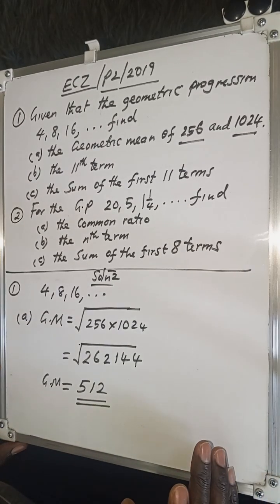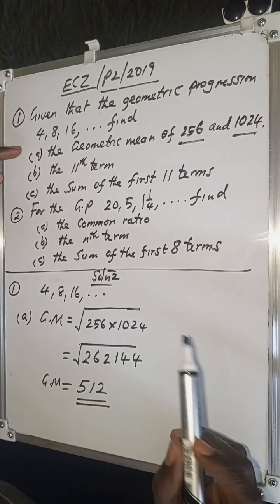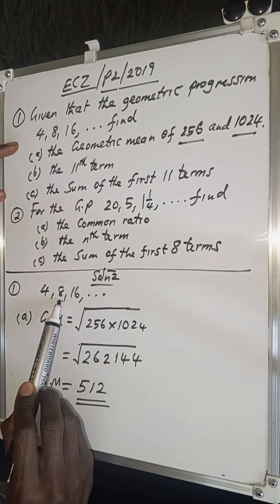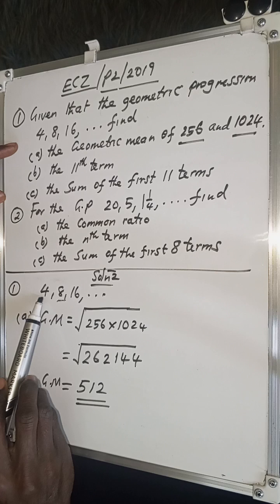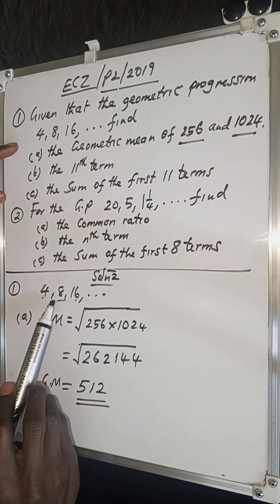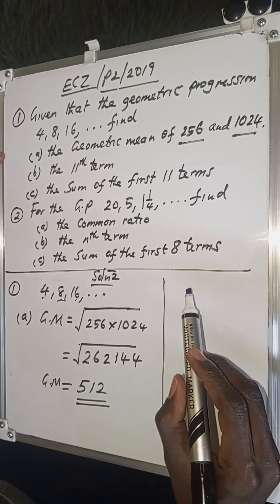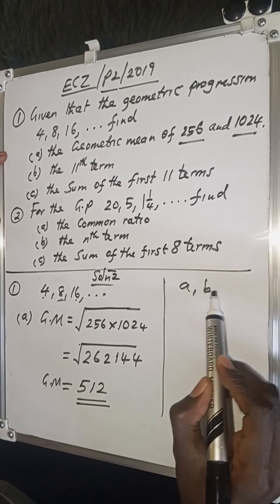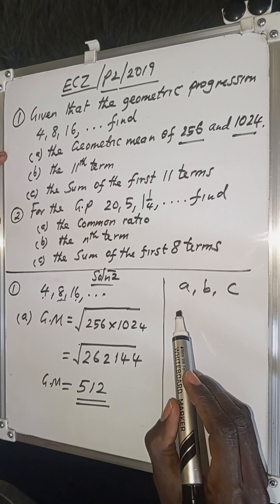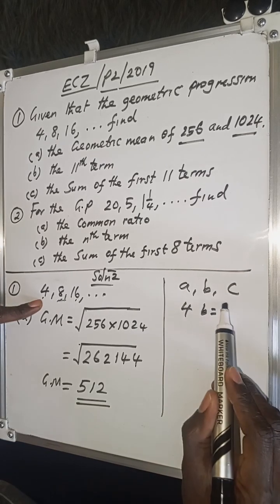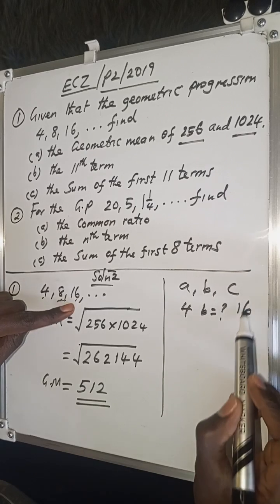Another thing that we do, before I move on, if you look at the sequence that we have, how did they come up with this 8 there? You can also use the geometric mean of 4 and 16, which is actually 8. Imagine when we said A, B, and C, imagine that our A from the term there is a 4. Imagine that we don't know what our B is, but our C is 16.